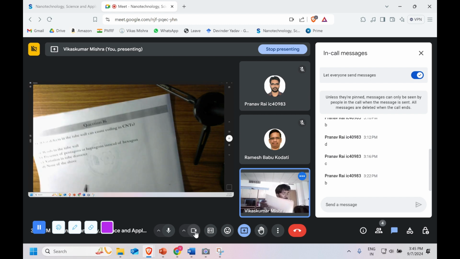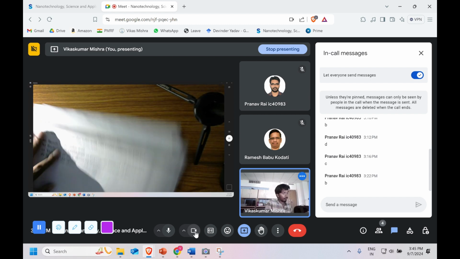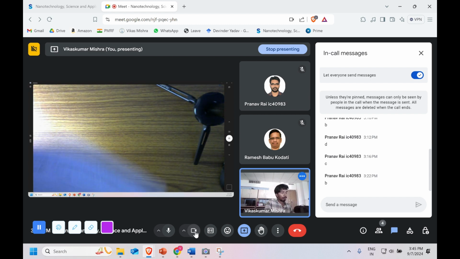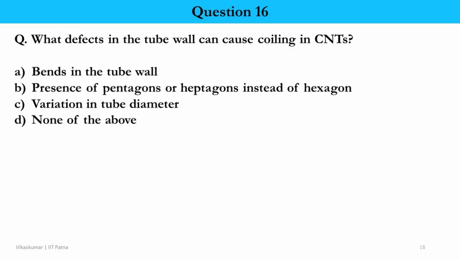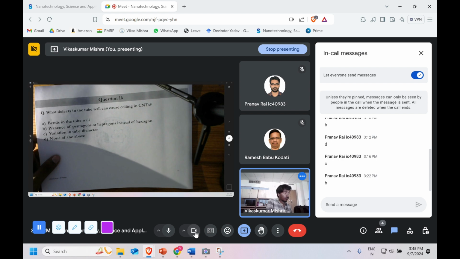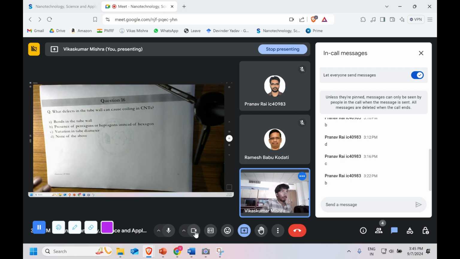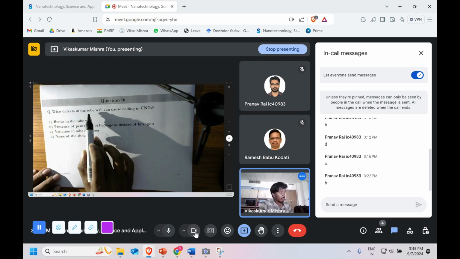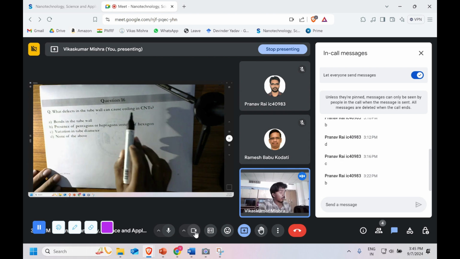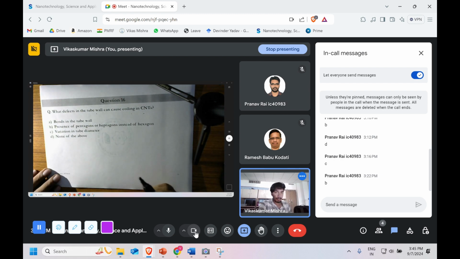Let's move to the next question, question number 16. What defect in the tube wall can cause coiling in the CNT?